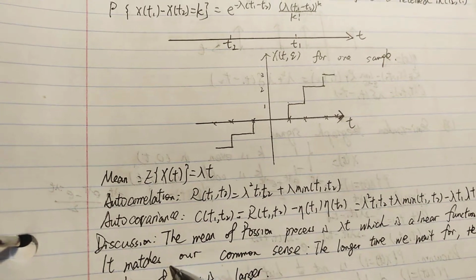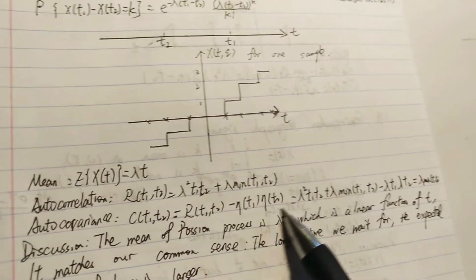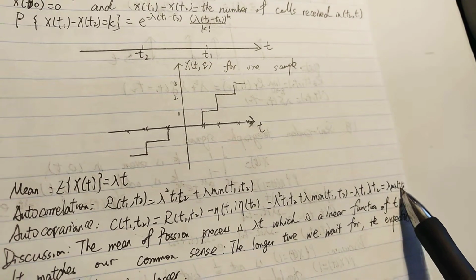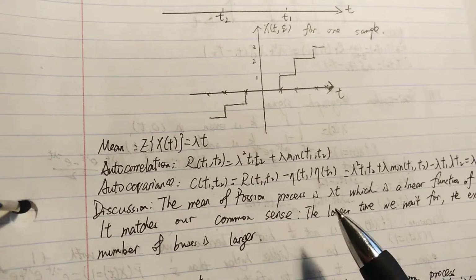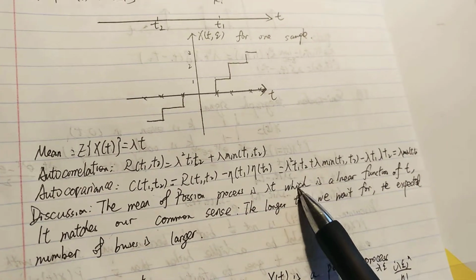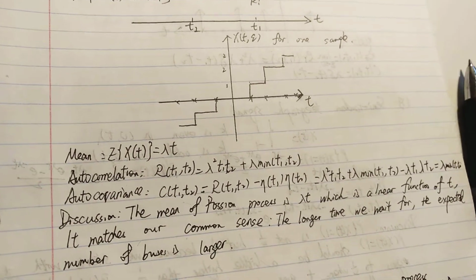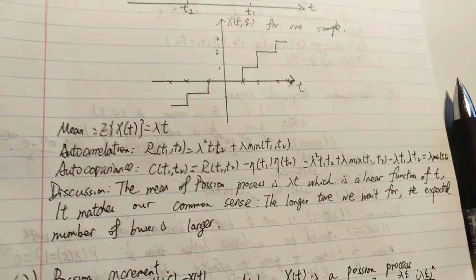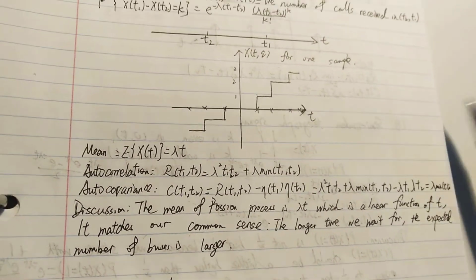And the autocovariance equals lambda times the minimum of t1, t2. The mean of the Poisson process is lambda t, which is a linear function of t. It matches our common sense: the longer time we wait, the larger the expected number of buses.